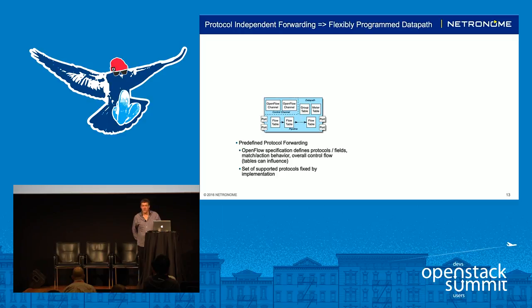That's already a lot, but if you want to add more, you need to either do a proprietary extension or work with a standards body to go and extend the standard. The standard also defines the match action behavior and the overall control flow. So for example, in OpenFlow, you get a bunch of flow tables in a pipeline, and then at the end, you would have maybe a group table to do things like load balancing. And if you want to do the load balancing in the middle, well, you need to wait for a new version of the standard.